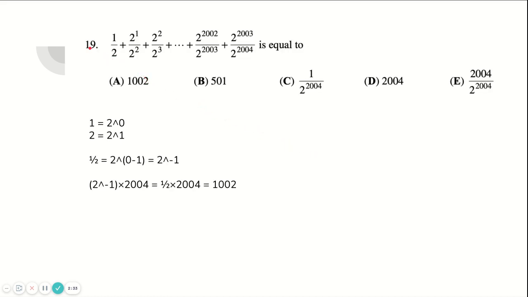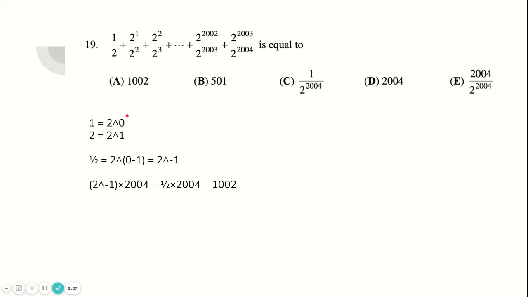Question 19. We get this entire bunch of numbers adding together, and the question is asking, what is this equal to? Well, let's say, for example, we take 1 over 2. We see that 1 is 2 to the power of 0, and 2 is 2 to the power of 1.